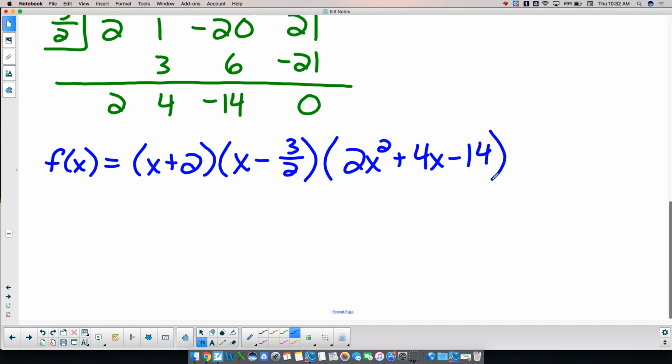Can I factor a 2 out of this trinomial? Yeah, I can actually.